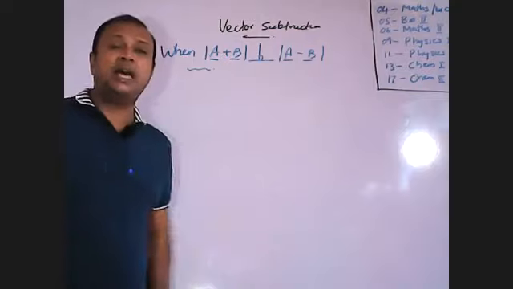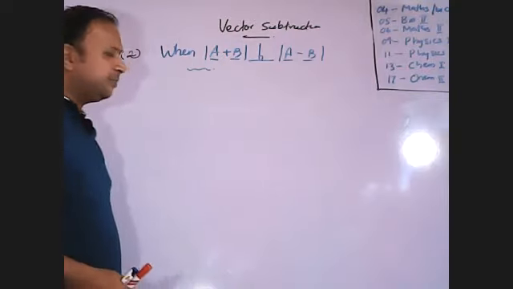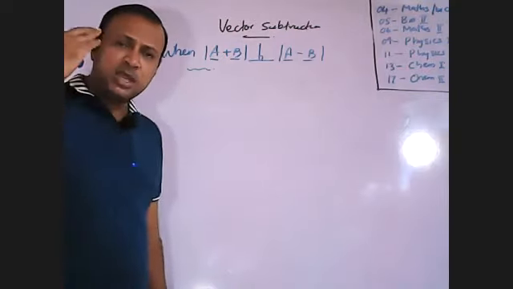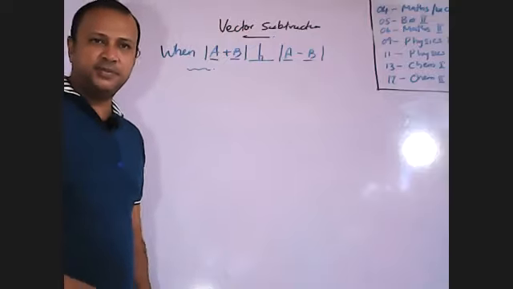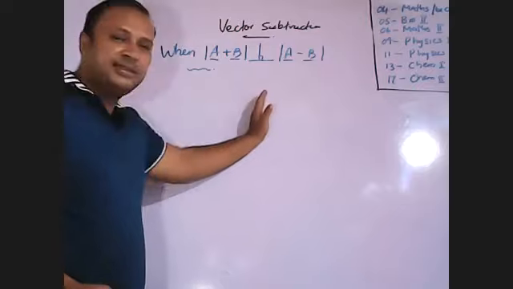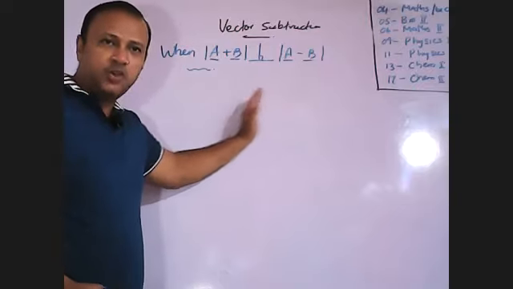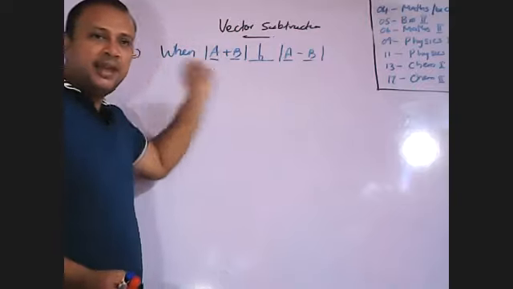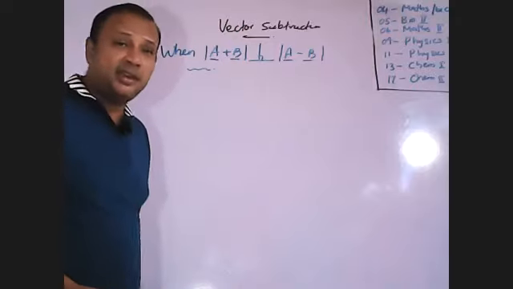If two diagonals are perpendicular to each other, then there may be two parallelograms. One is a square, the other one is a rhombus. Those are the two parallelograms that show these relationships.